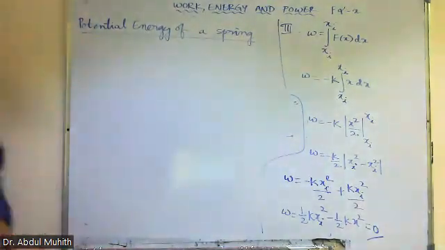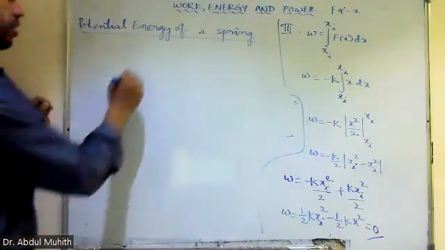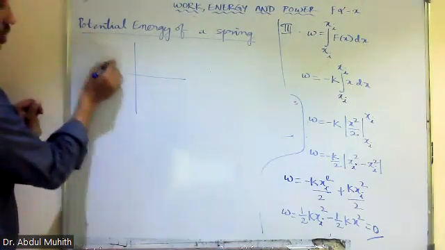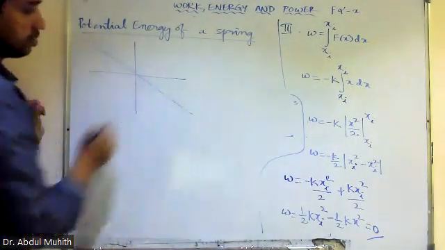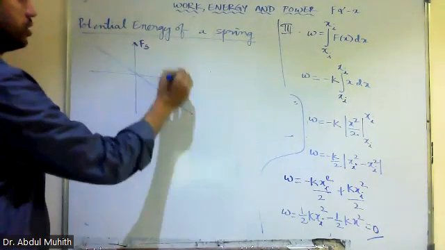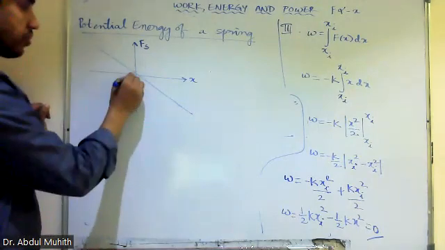Okay, so how do we calculate if a graph is given? Example in MCQ. To make you confused, they'll just give a graph like this. So what is this? This is force Fs, this is x. Origin.